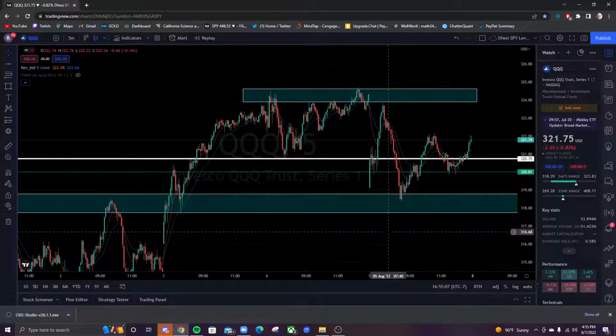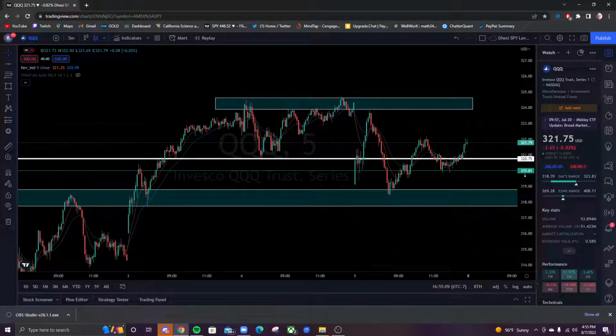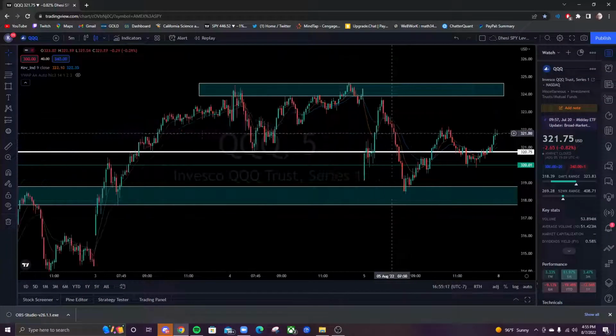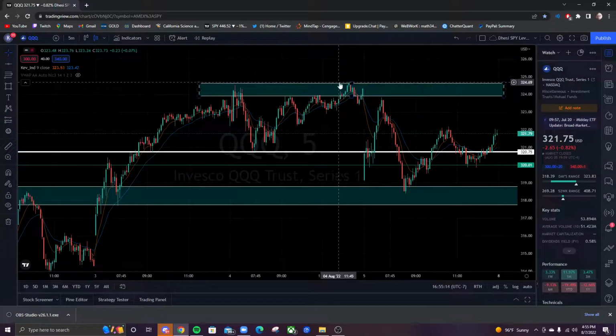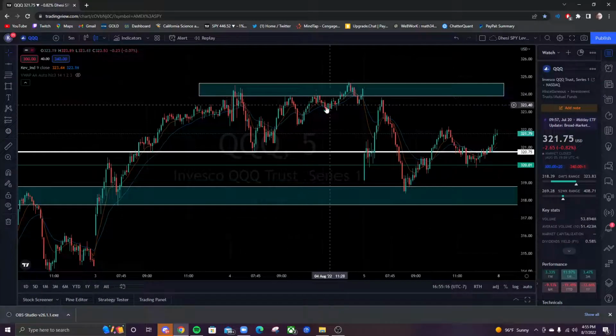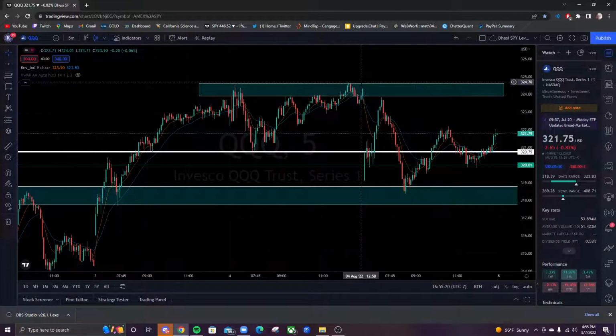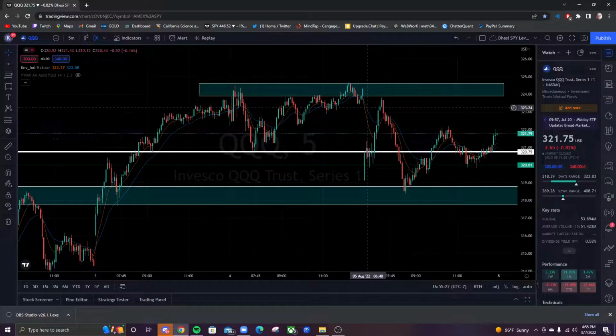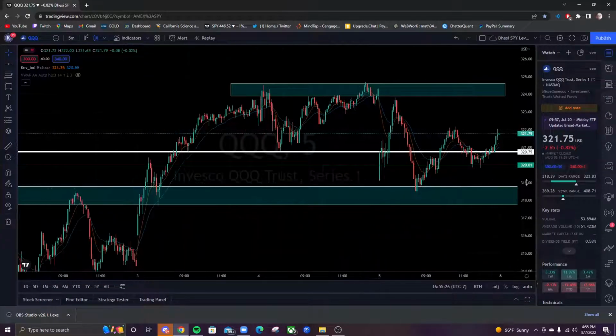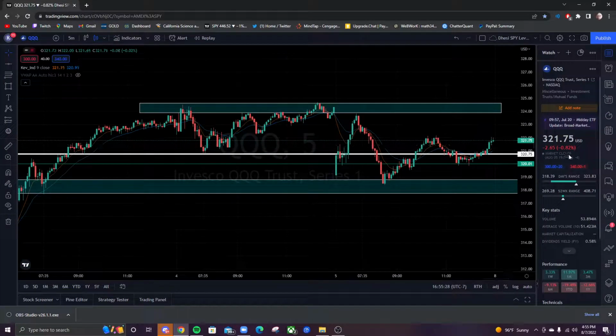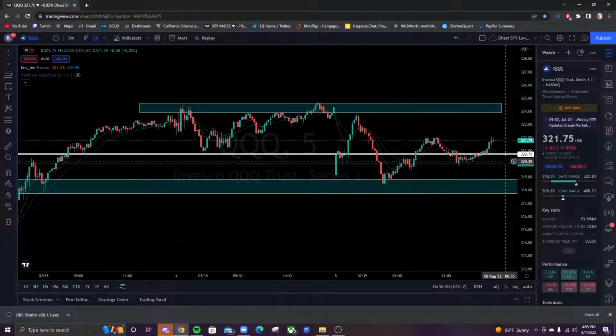As you can see, now this is a tough level. We're getting a lot of sellers stepping in at the 324.50 level, and every time we get near it, we are getting rejections. We try to break out here, we couldn't get a breakout, and ultimately we gap down on August 5th. This is the August 5th gap down. So this is how I would draw another zone, and this is how I would personally play this zone.